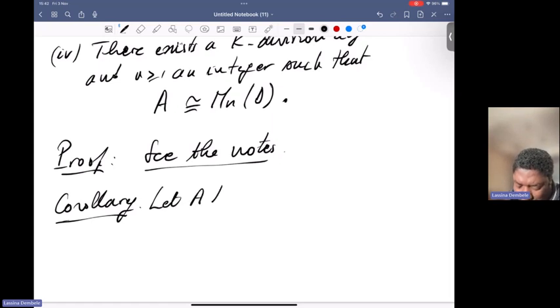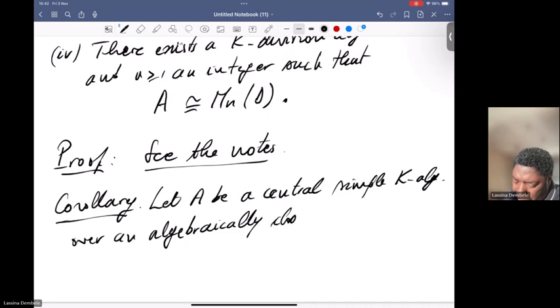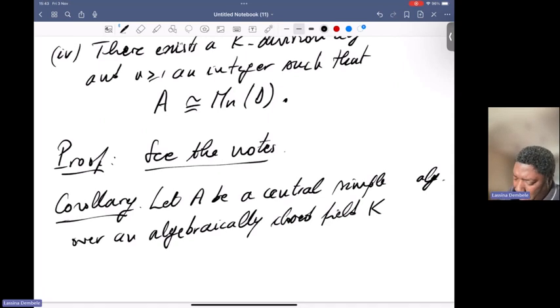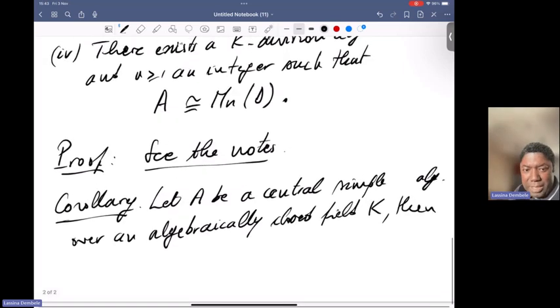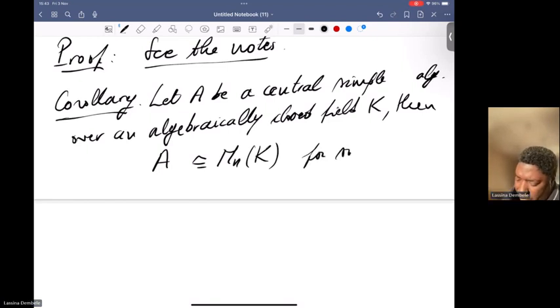If you let A be a central simple algebra, a finite simple algebra over an algebraically closed field K, then A must be isomorphic to a matrix algebra for some integer n at least one.